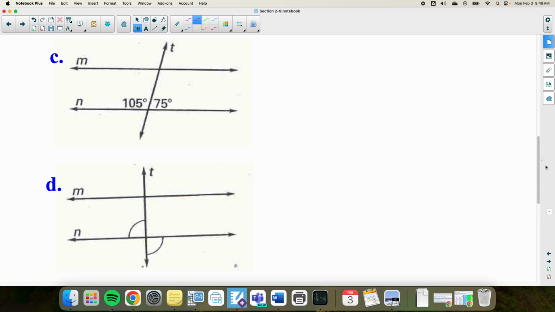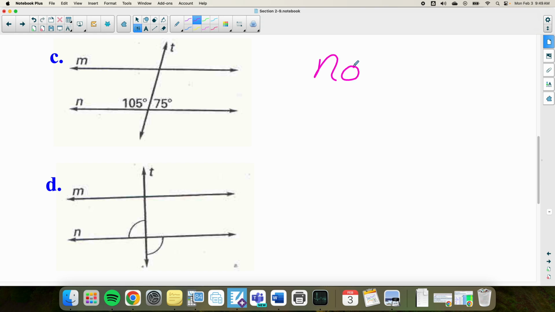If they ever give you two that are in the same group of four, then there's not enough. Do you guys get what I mean by these are in this bottom group of four? What is it called when two angles form a line? Linear pair. That's not one of the ways to show two lines are parallel, so this is no.